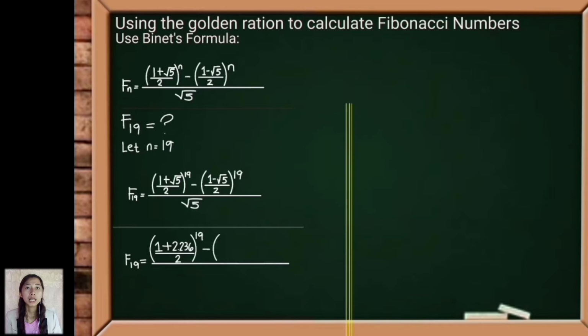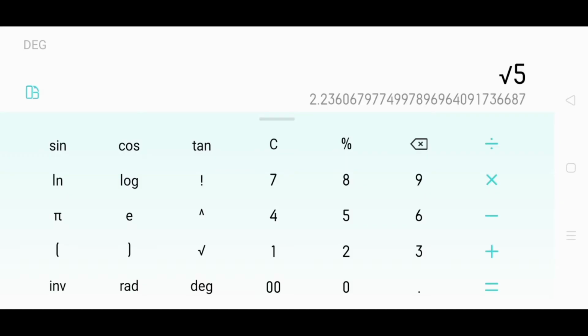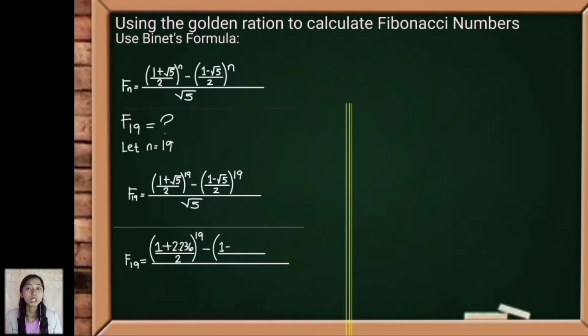Minus, open parenthesis, 1 minus, again, what is the value of our radical 5? If you don't believe me, you can use your calculator to find its value. The value of radical 5 is 2.236, over 2, raised to the power of 19.